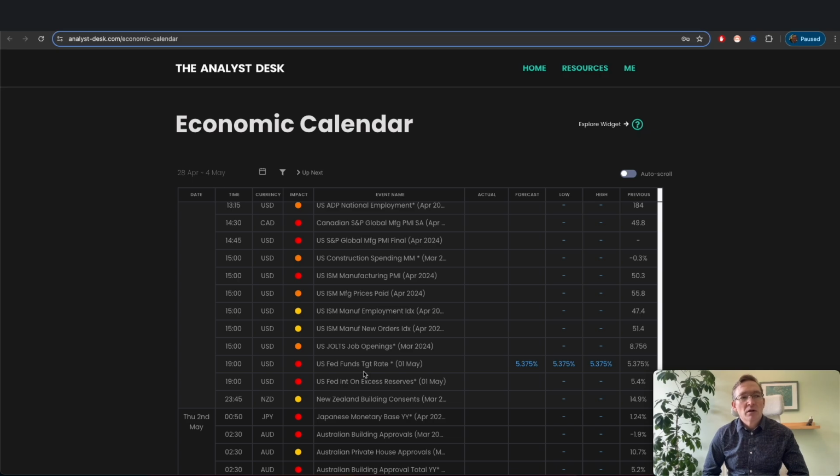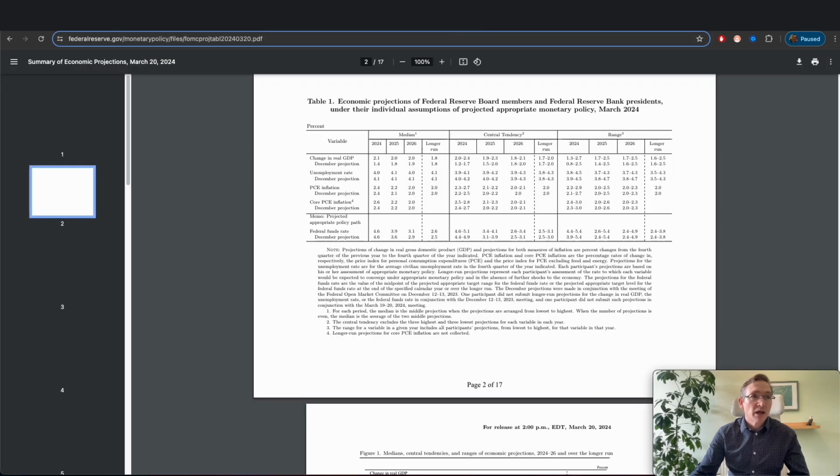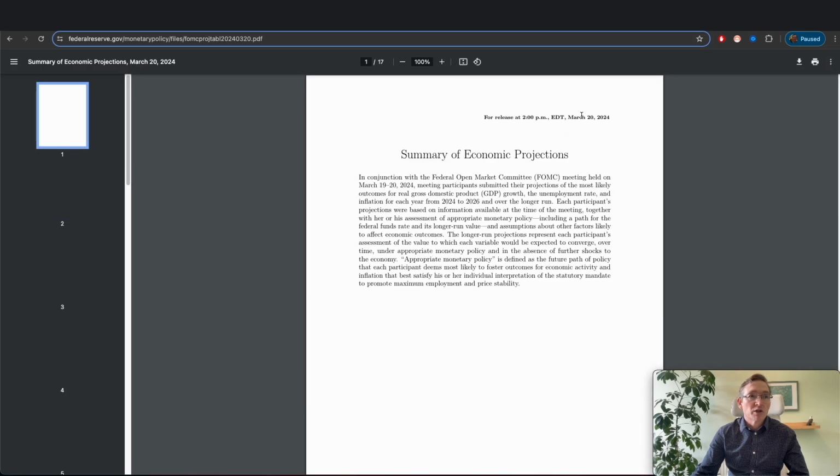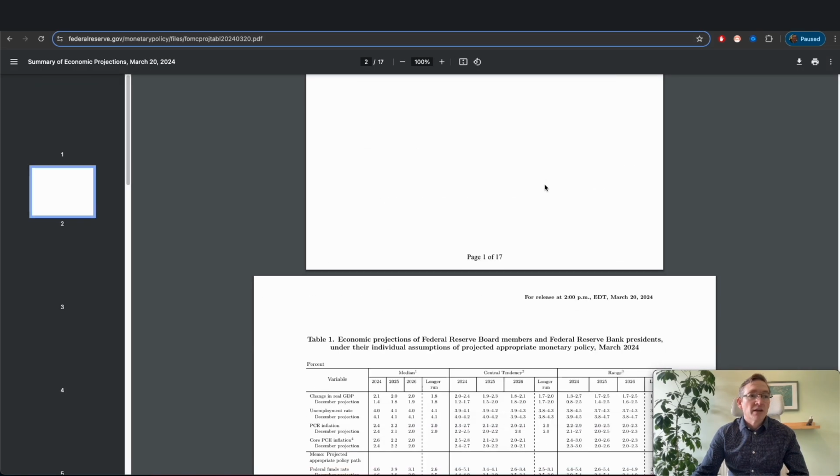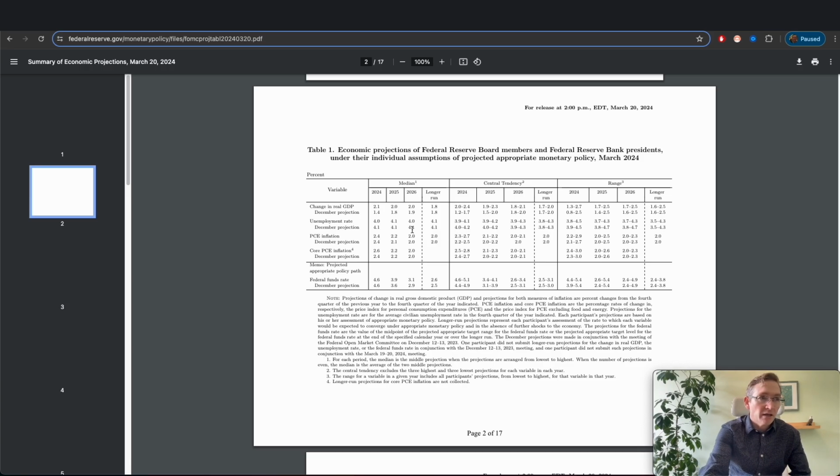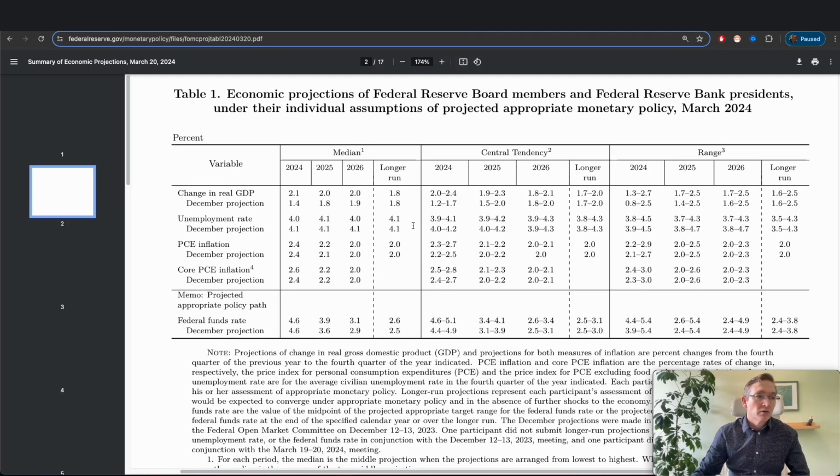Now, if you look here at the last summary of economic projections in March, they signaled quite clearly in their dot plot summary projections they were expecting 3 rate cuts this year. Now that looks very unlikely.